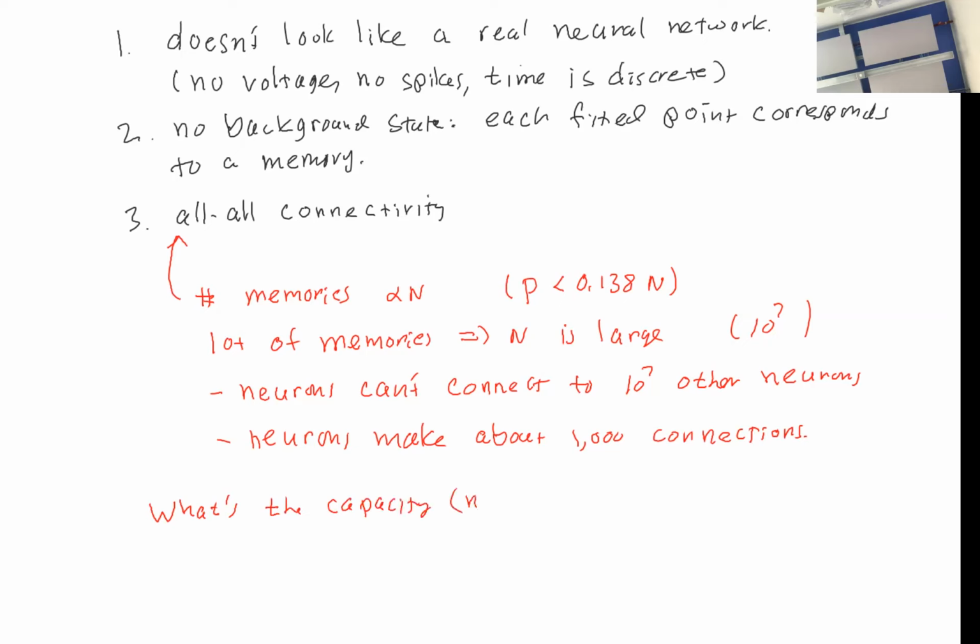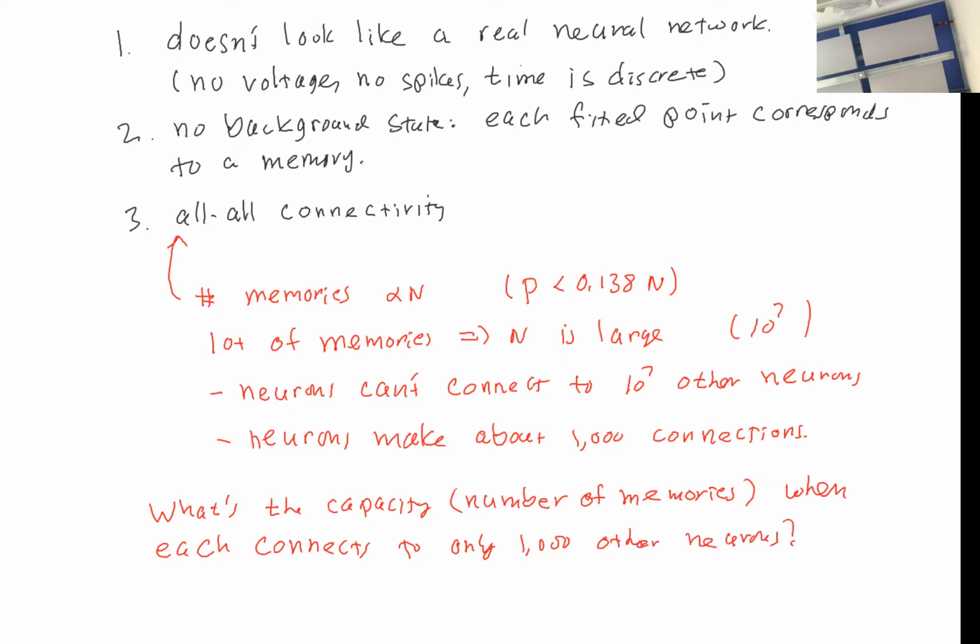That is kind of jargon for the number of memories, when each neuron connects to only a subset of the others. Okay, it's the first thing we're going to ask.